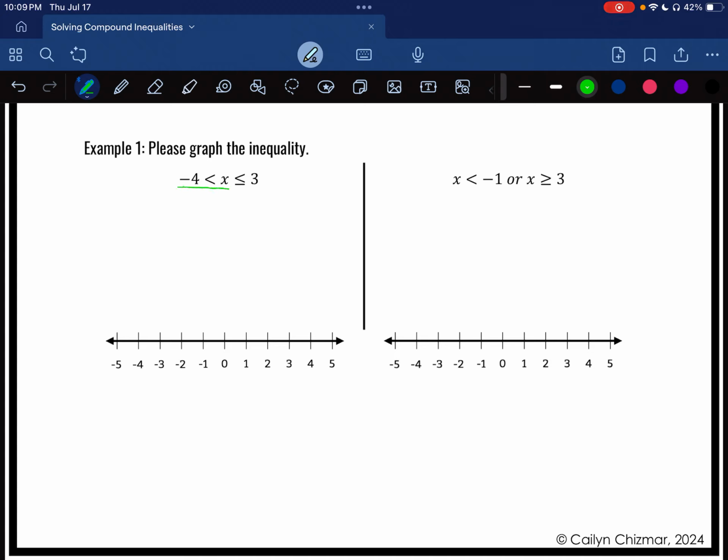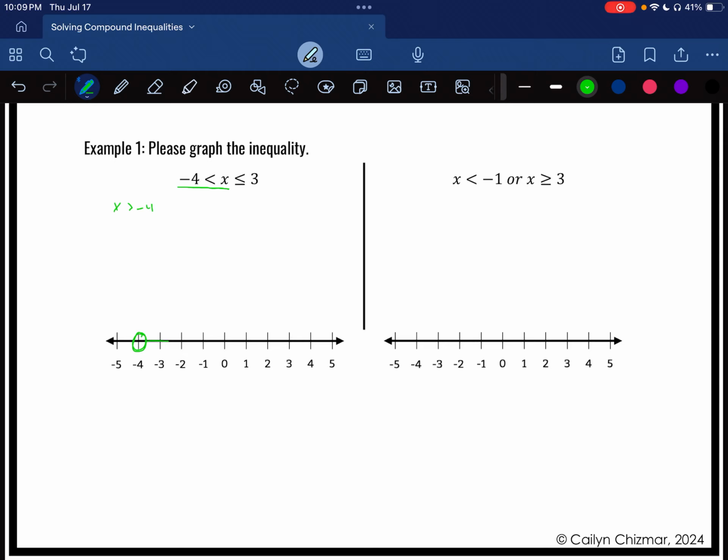So if it takes you a second, you can always rewrite it as x is greater than negative 4. Totally fine. So that means that at negative 4, I'm going to draw an open circle. And I'm going to start by drawing a little arrow showing me where I'm going, just to remind me of the direction.